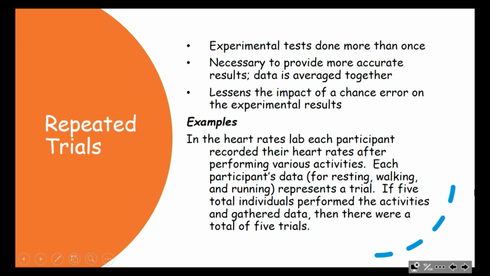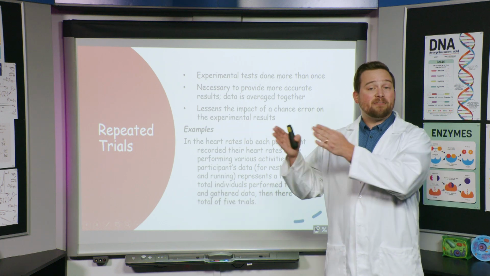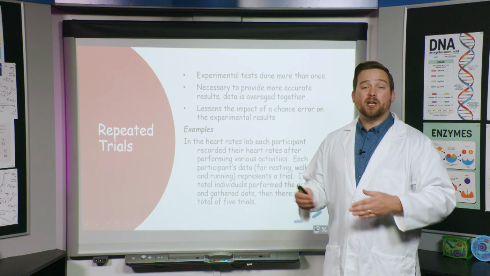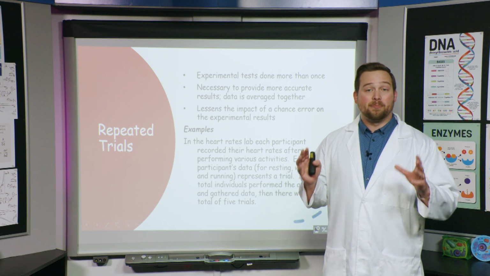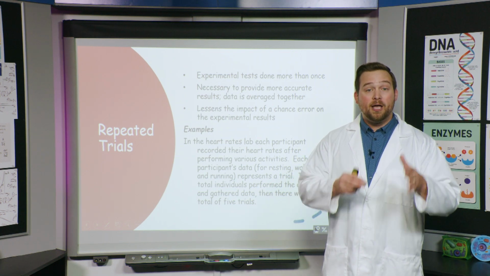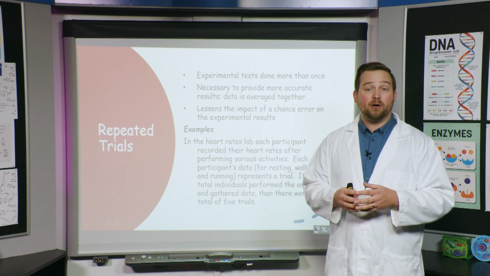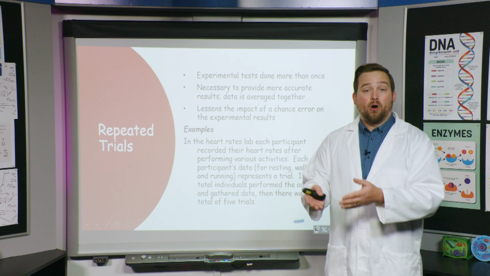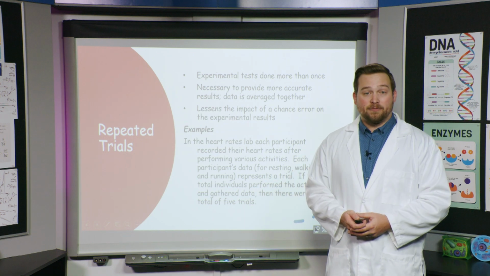So it might be better, instead of just having one person do this lab about how exercise is affecting their heart rate, if we have 5 people do it instead of one, we're going to get better results because we might just have found an outlier, something like a weird phenomenon. But if we do it over 5 people and then average all that data together, the data is going to be better overall. So you want to do stuff more than once when you're doing these kind of scientific labs.